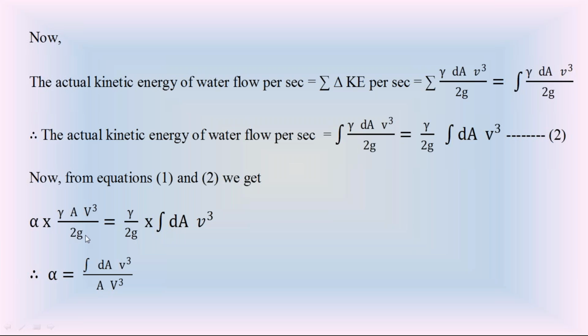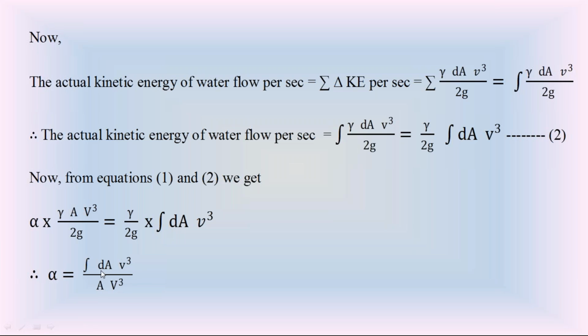Then you will get the equation for the kinetic energy correction factor alpha. If I cancel gamma by 2g on both sides and bring A into V cube to the left side, the equation of alpha is integral dA into v cube divided by A into V cube.